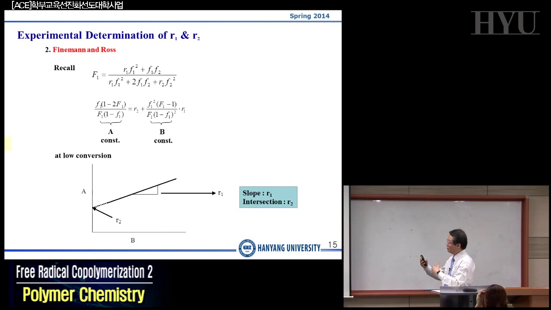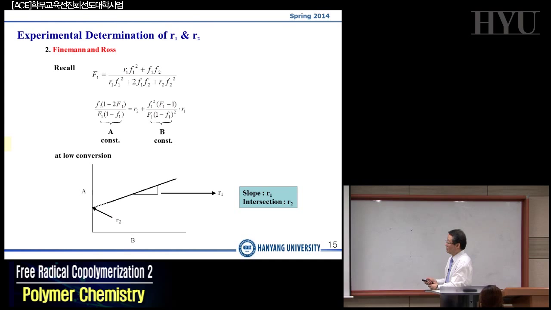So if you rearrange this equation in such a way that you have a constant A is equal to r2 plus constant B times r1.